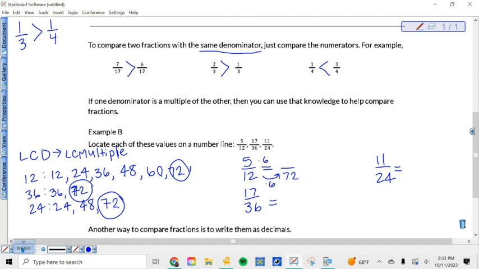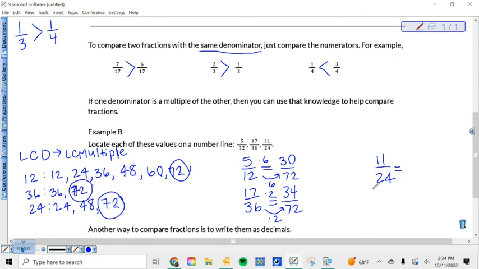What's 5 times 6? 36 times what gives me 72? 2. What's 7 times 2? 14.